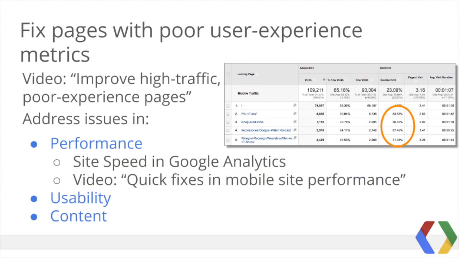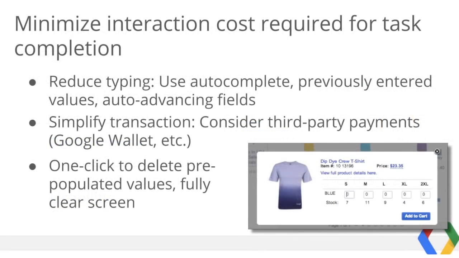Fixing pages with poor user experience metrics was actually filmed as a separate video. If you are unable to watch it, areas to focus for improvement are performance, usability, and content. Once that's complete, look to minimize the interaction cost required for completion. In other words, create a workflow that reduces typing.